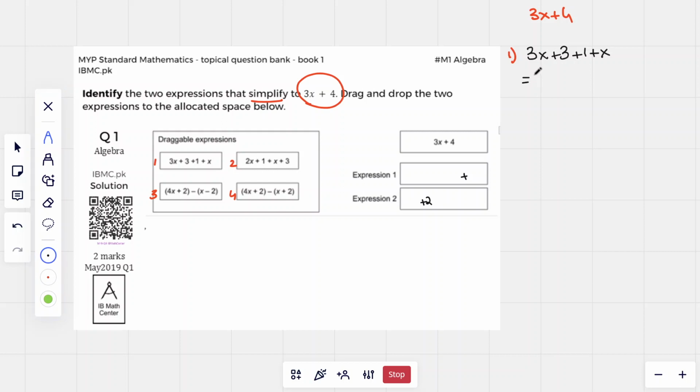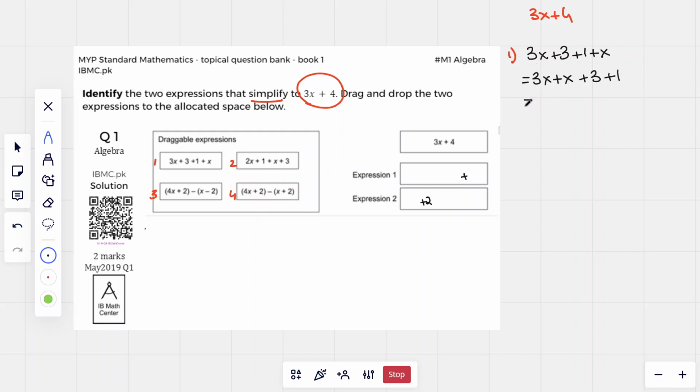So what we're going to do is bring 3x and x next to each other and keep the numbers next to each other without changing any of the signs. 3x does not have a sign with itself. It is implied that the sign is positive.